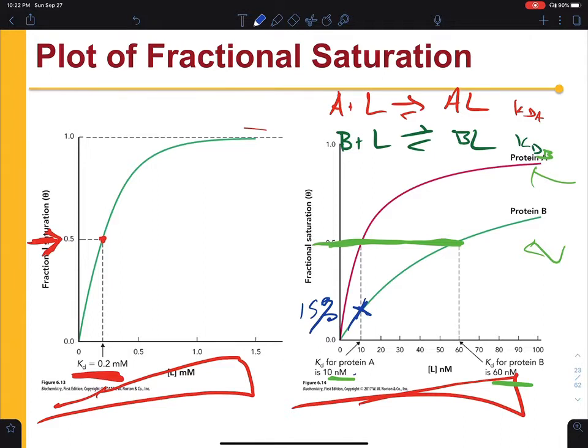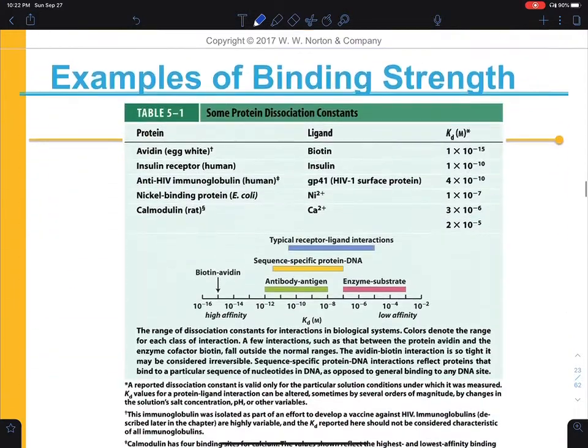And we determined that the KD is a measure that's specific to the particular protein ligand interaction. And so we can use this KD to get some information about the nature of the protein.